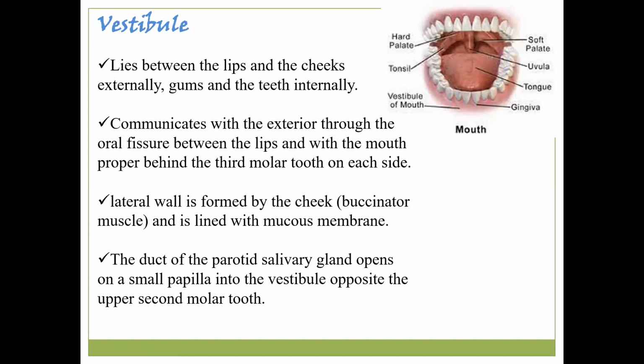So it is more like a space which has two openings on the anterior and posterior sides. In this space, the lateral wall is formed by the cheek and it is lined with mucous membrane.